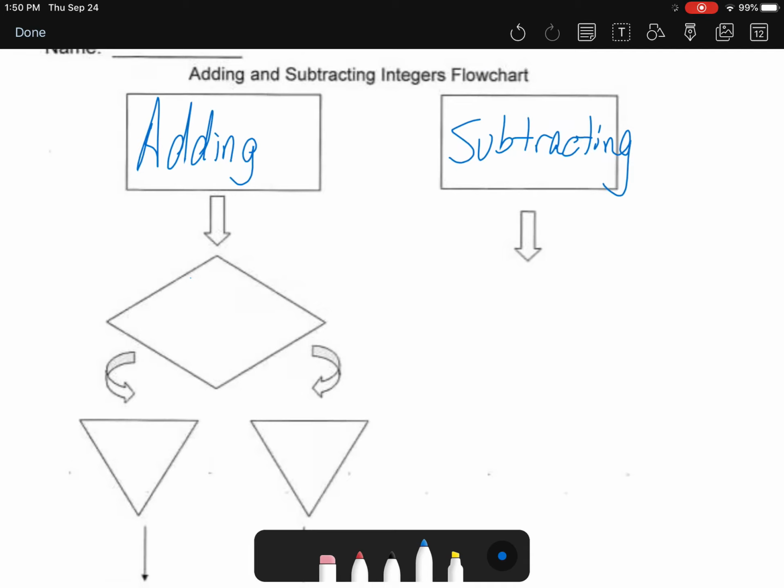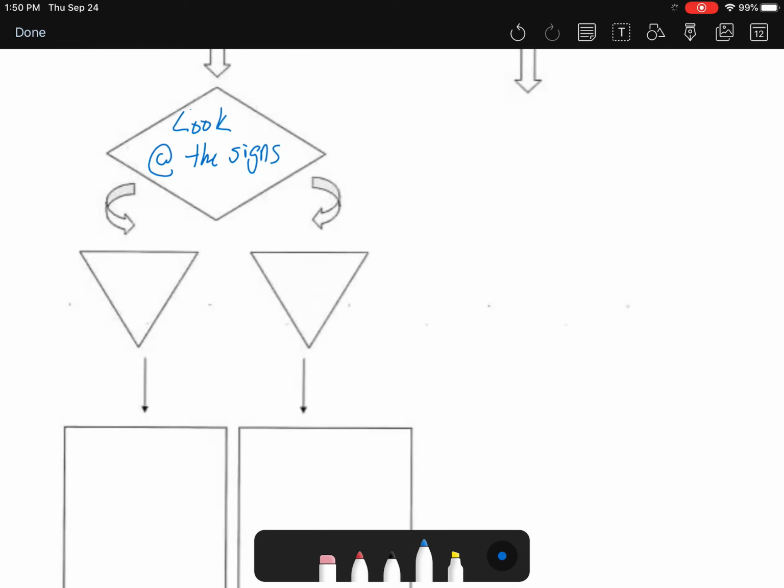When you are adding integers together, the first thing you should do is look at the signs. There are two different scenarios of what could happen. You could have the same signs, or you could have different signs.